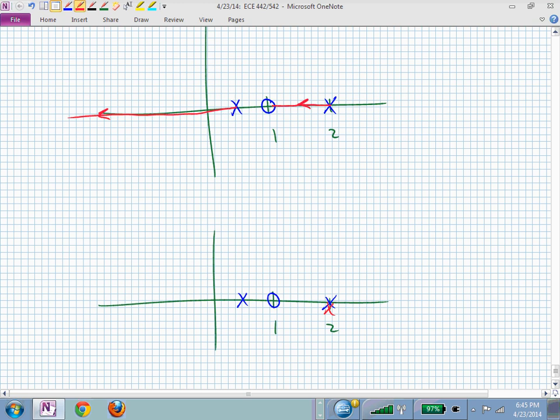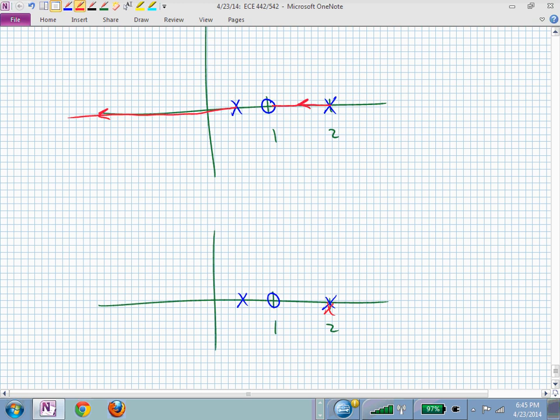What's my pole zero excess now of the controlled system? 2, right? Where are my zeros? How many zeros at infinity do I have? 2. And where are they going to live?